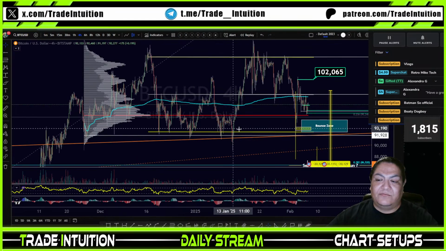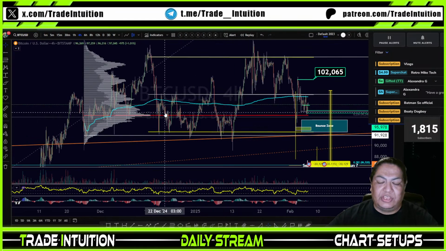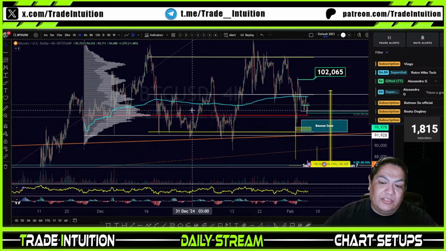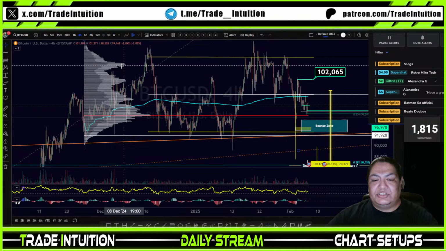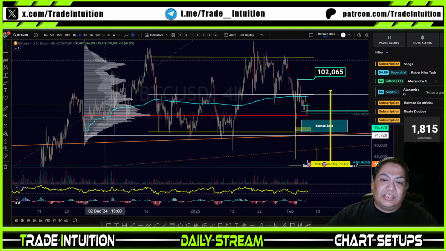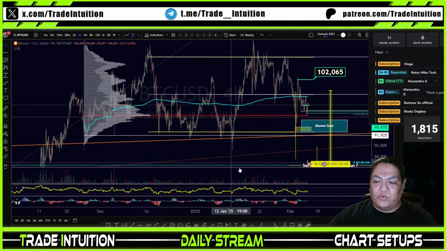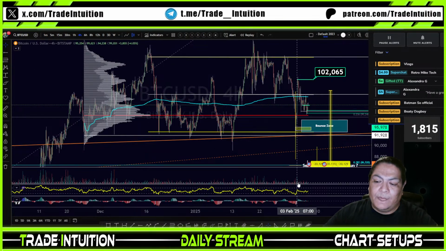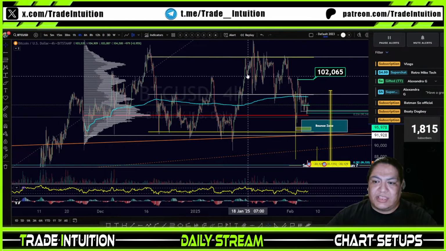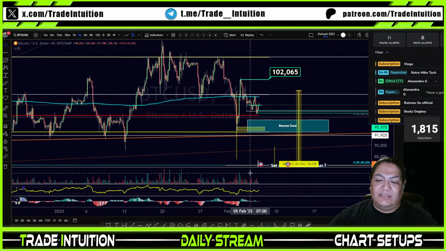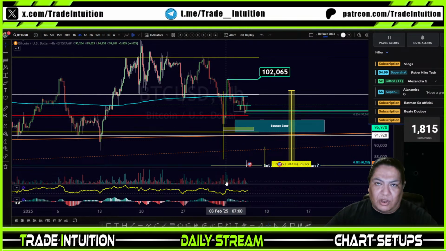We also have our point of control, the area of the most volume. On this, we have peaks and valleys. Here is where there's a lot of volume. I really don't use this volume down here. This volume is based off of time. For every 4-hour candle that's printed, we have a 4-hour volume bar.